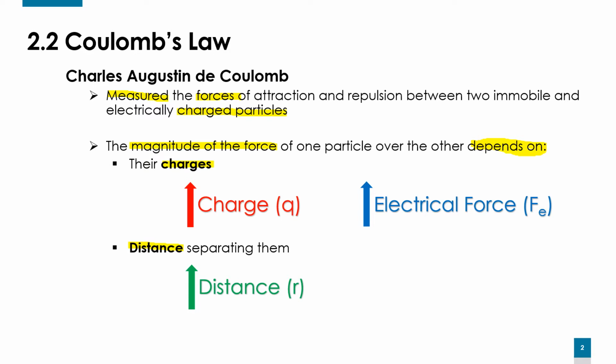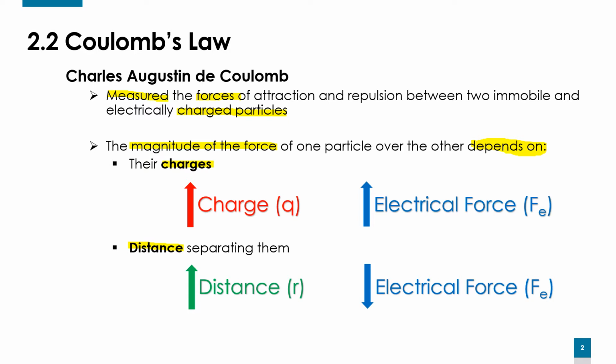I have two charges. They are very distant from each other. Are they going to have a strong force attracting or repelling them, or is this force going to be weaker than if they were very close? What do you think? Yes, this force is going to be weaker. So the higher the distance, the lower the electrical force.